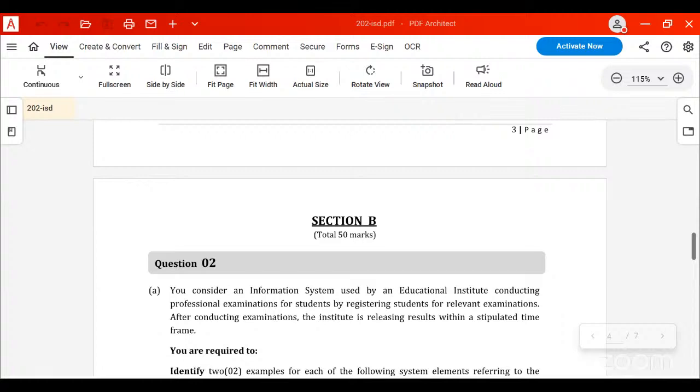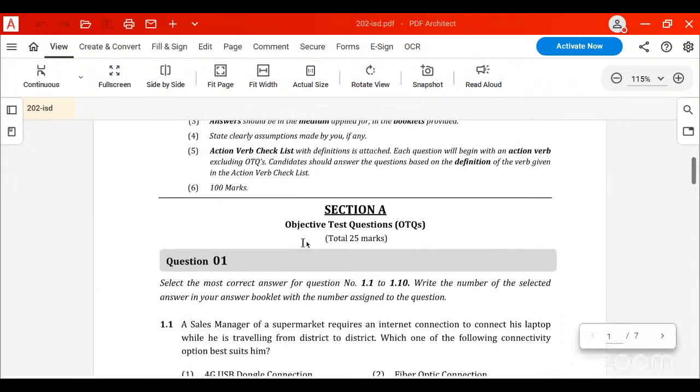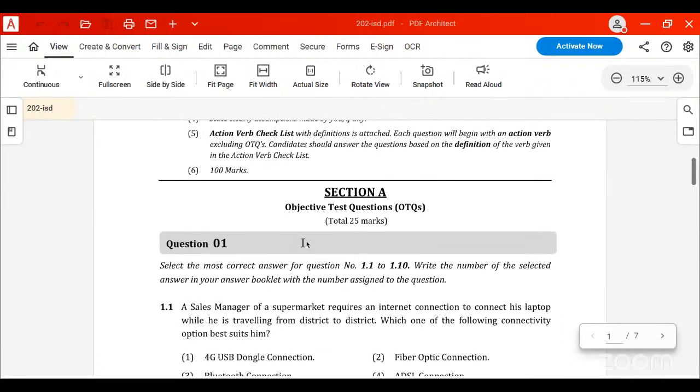The first section is OTQ, Object Test Questions. That includes multiple choice questions and true false statements on various topics such as connectivity options, types of information systems, data categories, fraud detection, applications, and more.